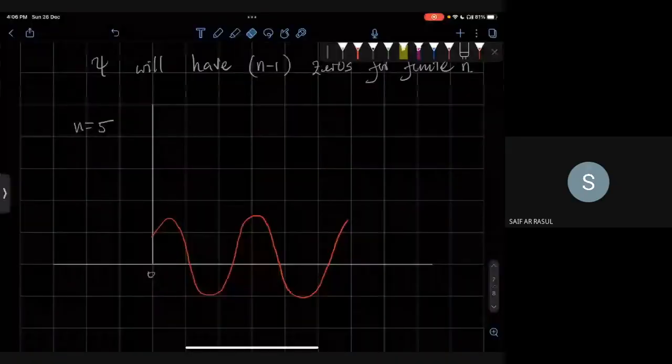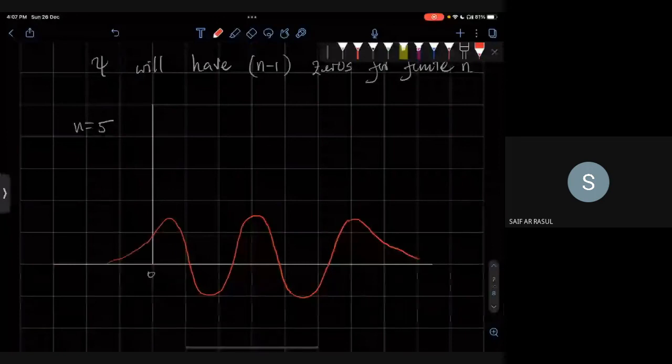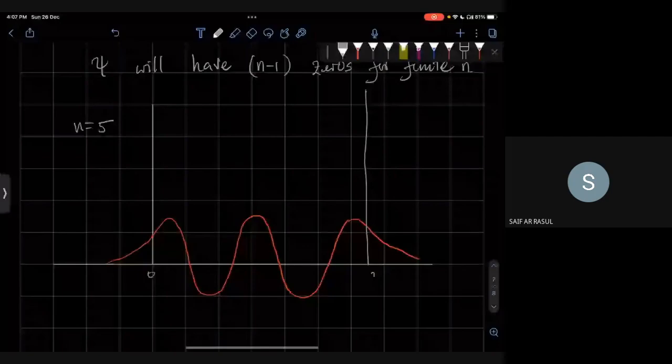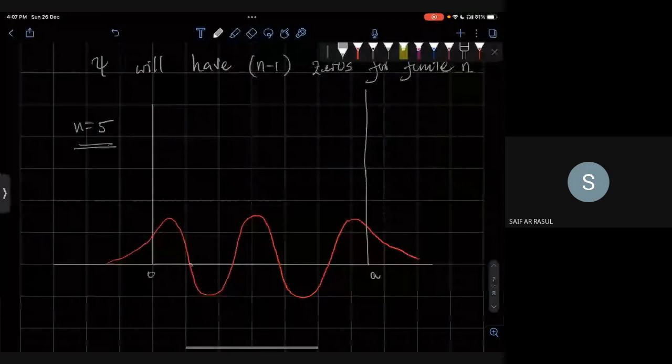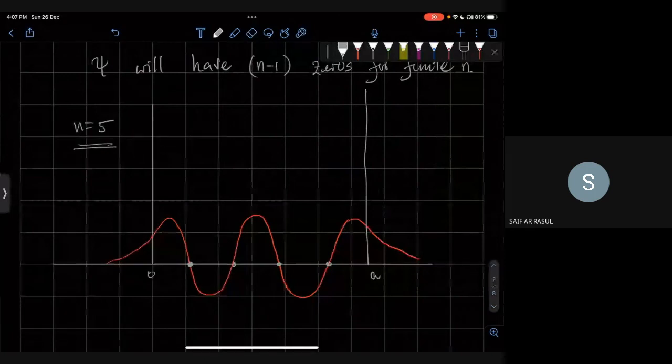This is 1, 2, 3, 4. So for n equals 5, there will be 4 places in finite x, 1, 2, 3, 4, where the wave function will intersect the x-axis.